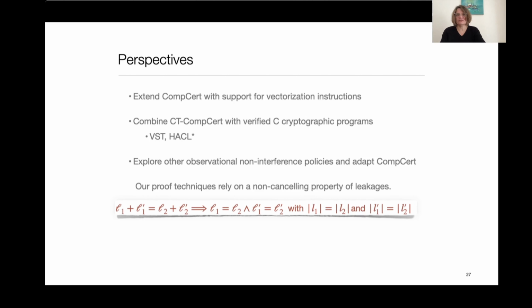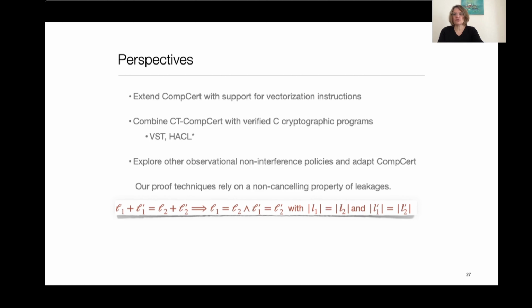More perspectives. In the future, it would be interesting to extend CompCert with support for vectorization instructions in order to reduce the performance gap with handwritten assembly cryptographic implementations. Another possibility would be to use our modified CompCert to generate provably constant time implementations.